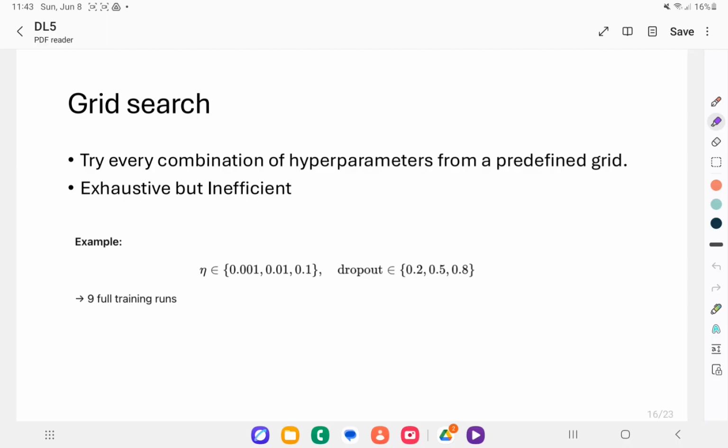It's conceptually simple and works well if you only have one or two hyperparameters to tune, but it becomes extremely inefficient as you add more dimensions. You end up wasting time exploring combinations where sometimes only one variable matters and the others are irrelevant. Still, for small, clean tuning problems, you could use grid search.